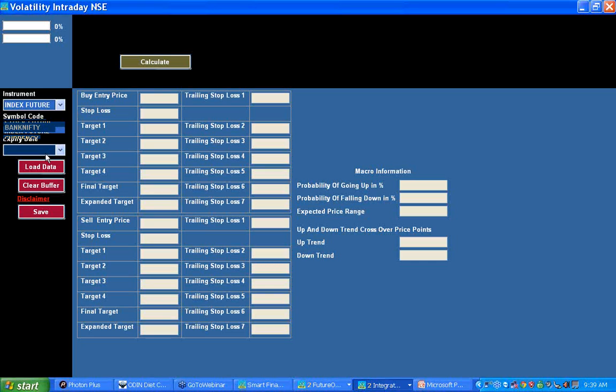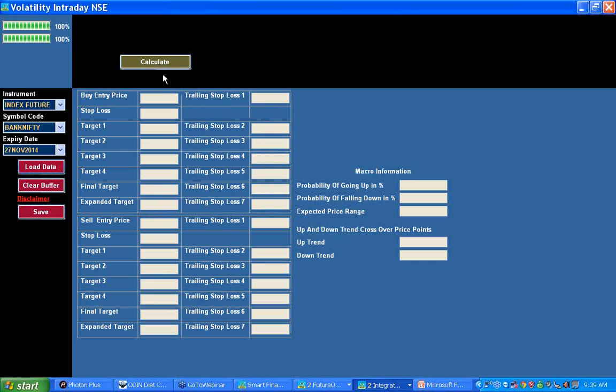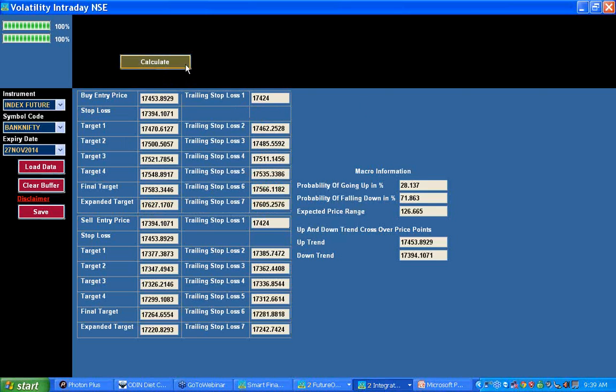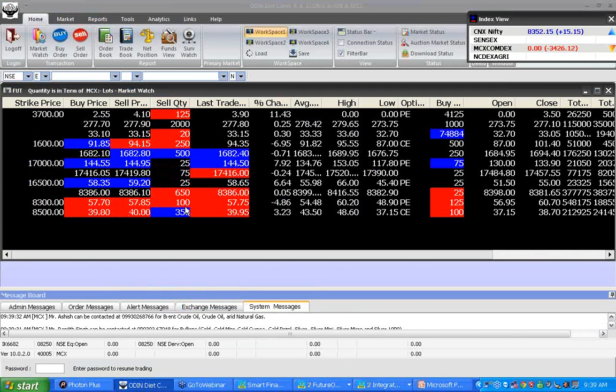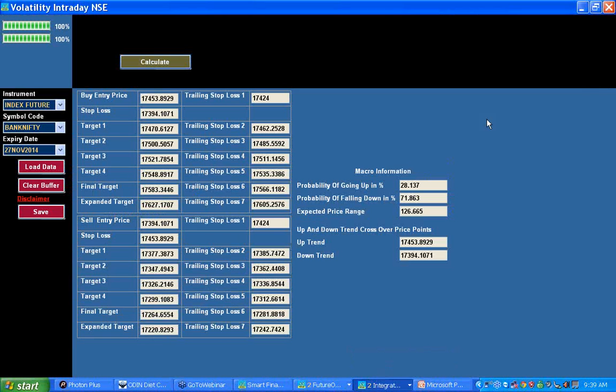Using one regressive method which is available in the binomial option pricing model, we have devised one method by means of which you are able to estimate the volatility, meaning estimate the probability of up move and down move. Slightly it has changed because the current price would have changed by this time. 422 was there, 416 has happened. So anyway, it is a couple of points difference.